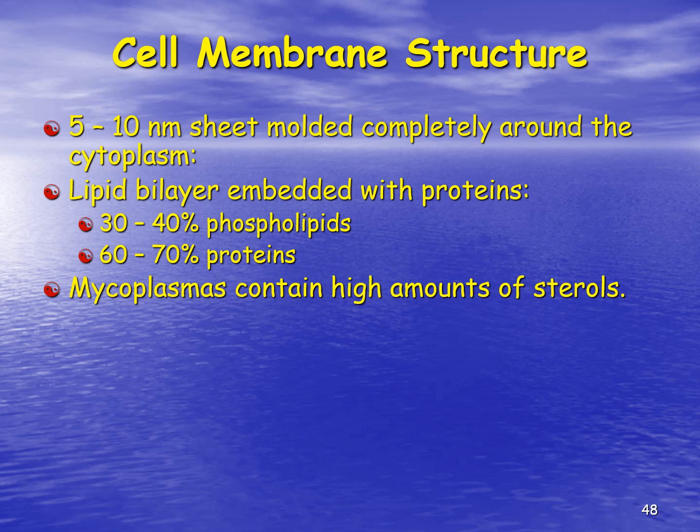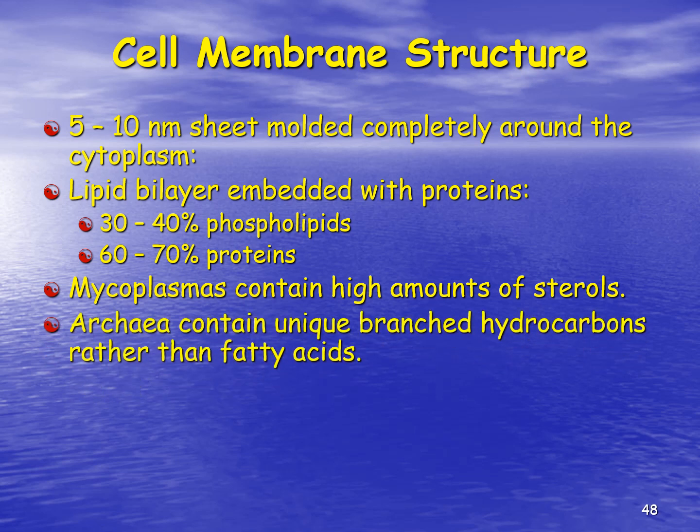Mycoplasmas contain a high amount of sterols, such as cholesterol, and that adds to the stability of the cell membrane. The archaea contain unique branched hydrocarbons in their cell membranes rather than the fatty acid chains. And so this is one reason why we separated the bacteria from the archaea.